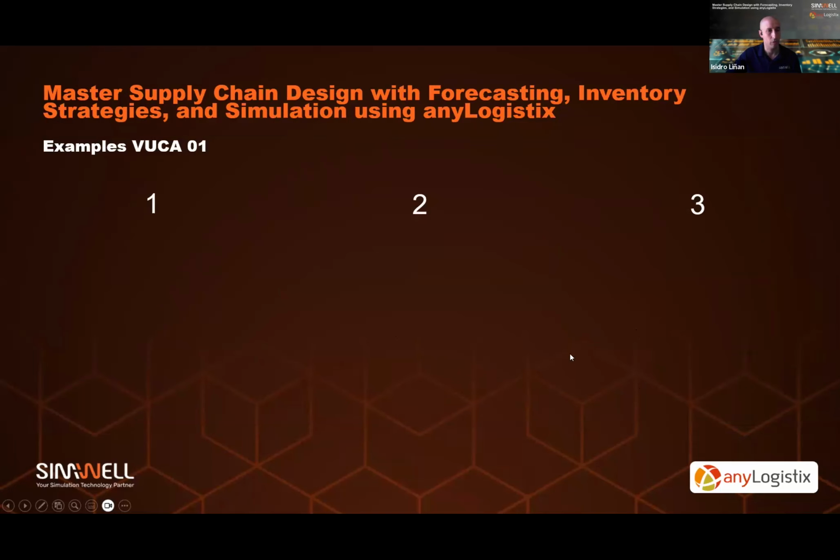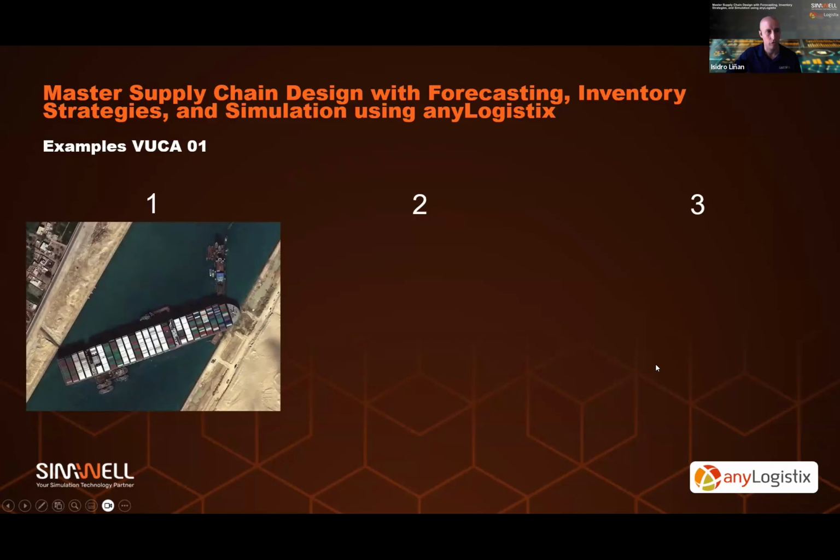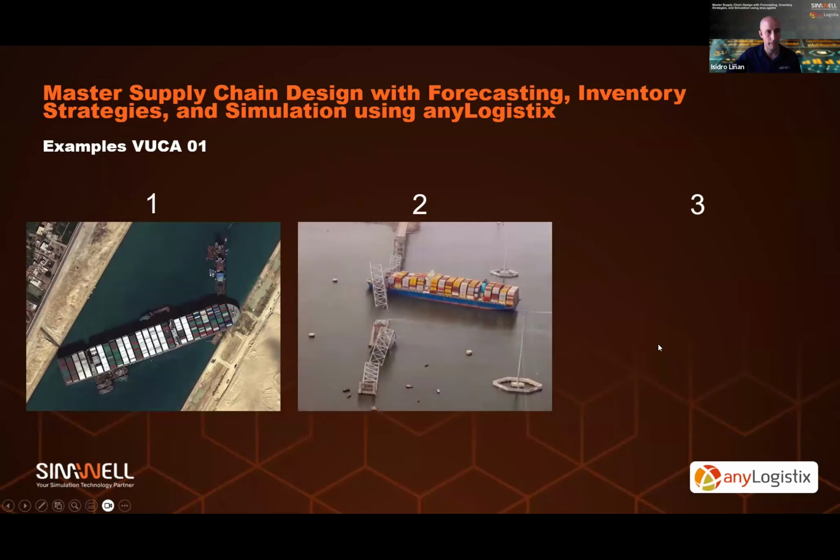When we talk about the VUCA world, it's because it's affected by things that most likely you will recognize. I'm sure you recognize this picture from disruptions from the Suez Canal. That was something that was not likely to happen, but happened. We have examples from the Baltimore Bridge as well that happened and disrupted supply chains.